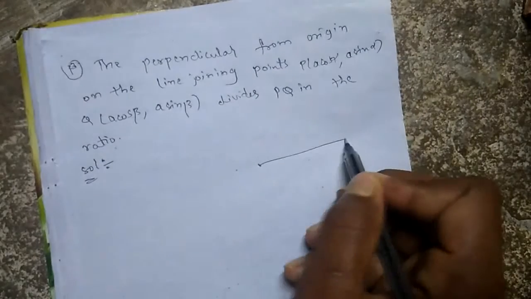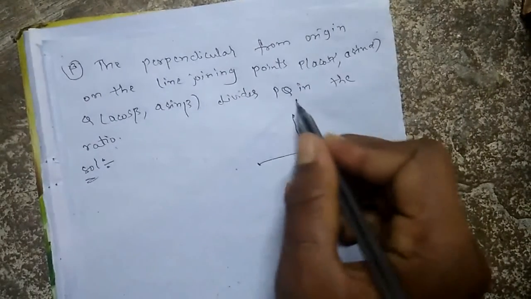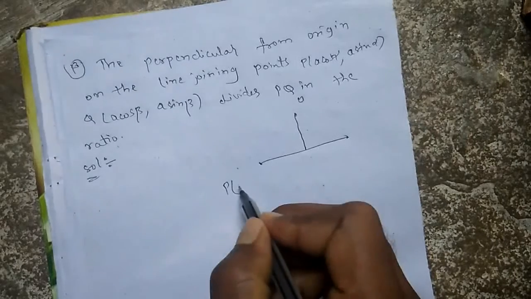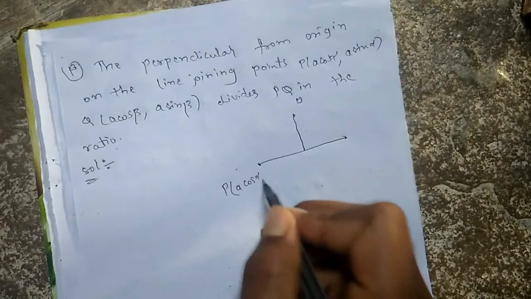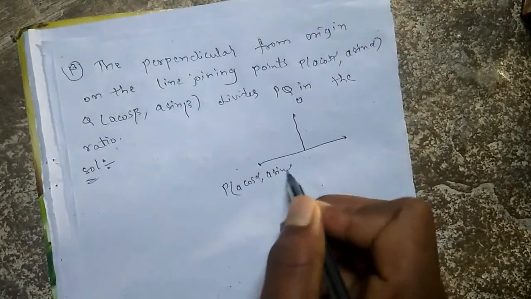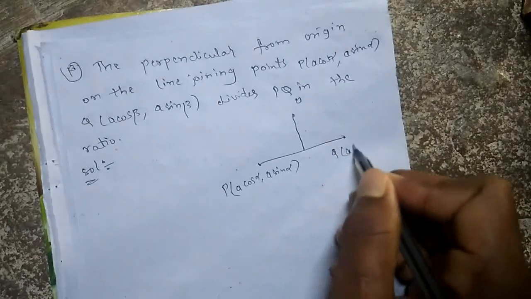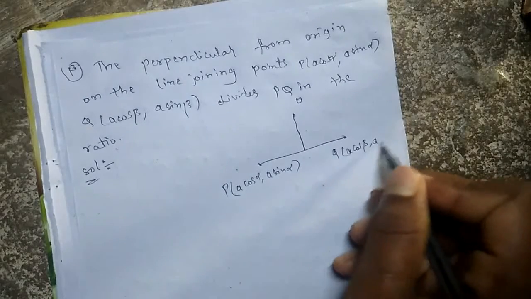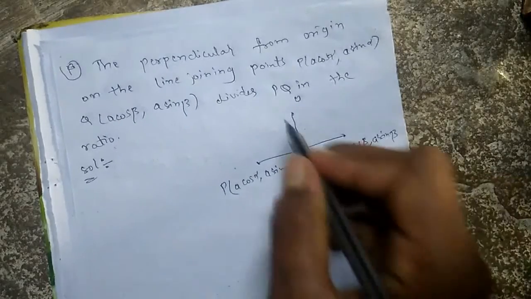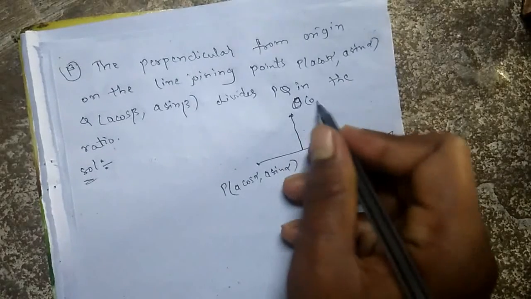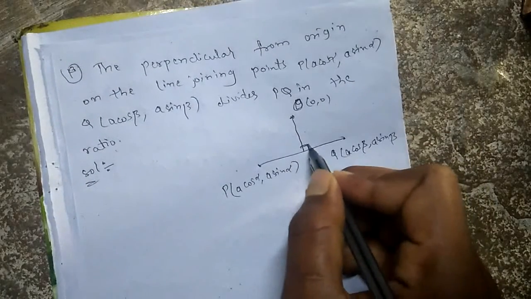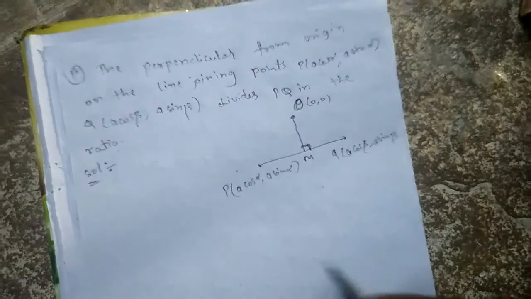Here P is (a cos alpha, a sin alpha), Q is (a cos beta, a sin beta). The perpendicular from origin is drawn. This is the perpendicular, let it be OM.